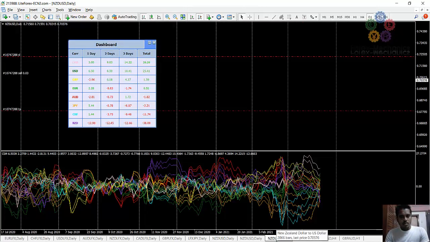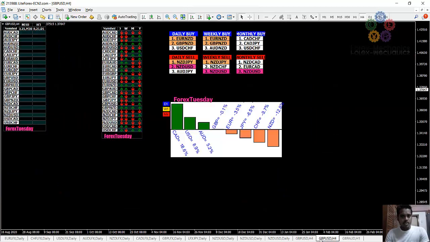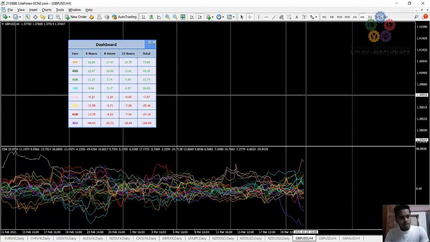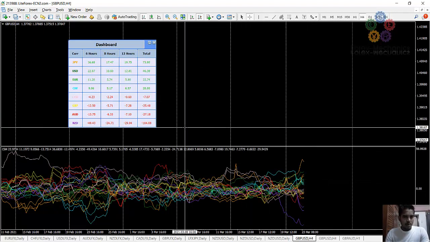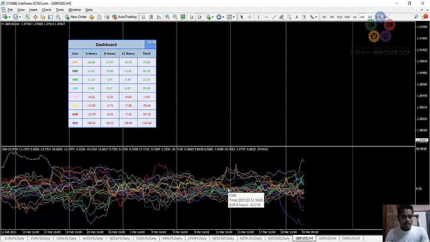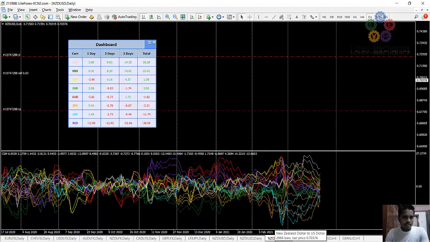Now I obviously use a couple of currency strength meters, this being one of them. Then I use another dashboard which really helps me to pick trades here. These are dashboards which some of my members are using, and this is a currency strength meter that even my members use, but I personally like to use it because I get to track multiple time frames, and that way I can see what is really happening in the currency market.